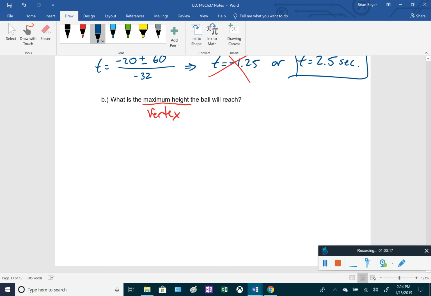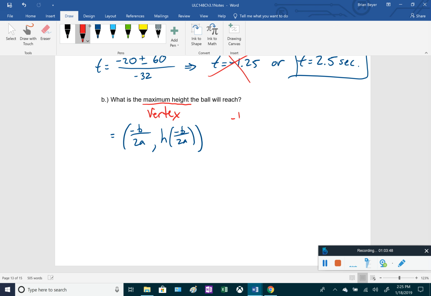To find the vertex, in general form, it's negative b over 2a comma h of negative b over 2a. We're looking for the y value here. We don't care about the x value. The x value is time. We're looking for the maximum height, which is the y value. But we have to find the x value first, rather.